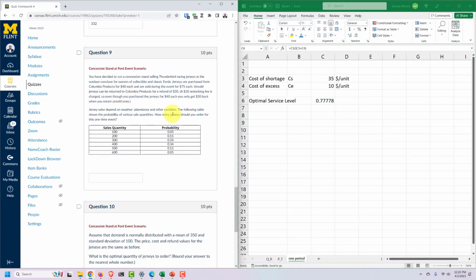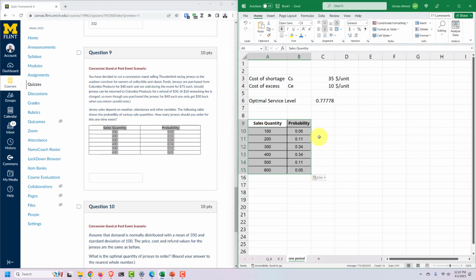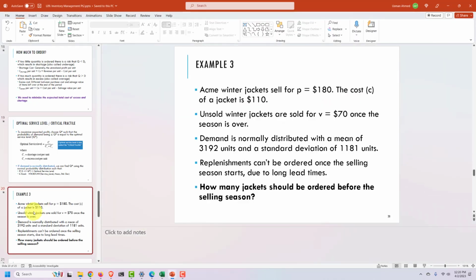Okay, so now we have to copy paste this table. And we have to find out this ratio translates to which quantity in the table by comparing this probability with the cumulative probabilities. Okay, so if you look at the slides, they explain the process for you.